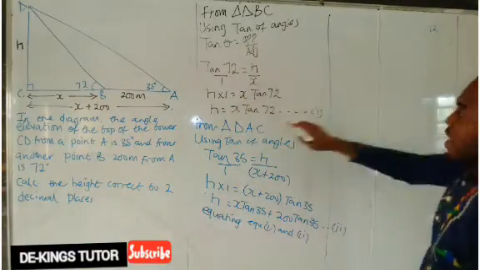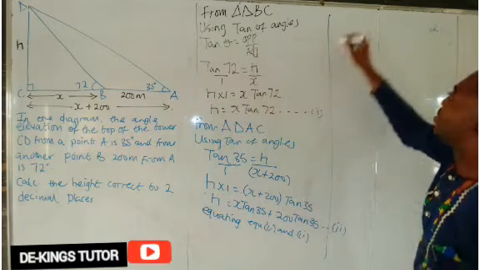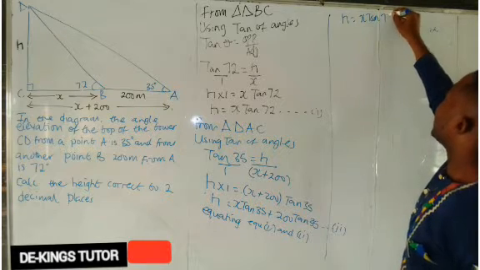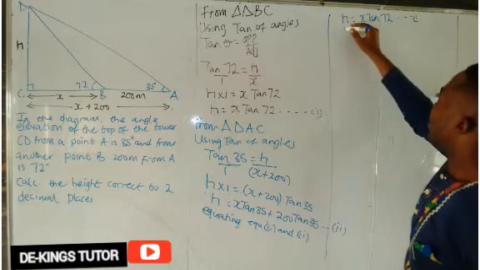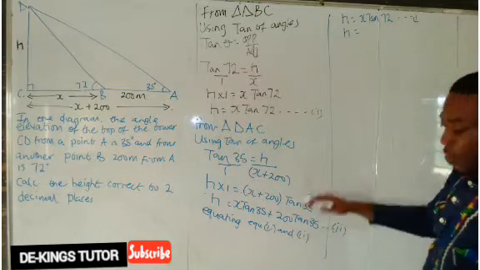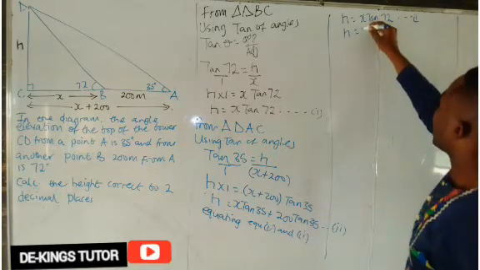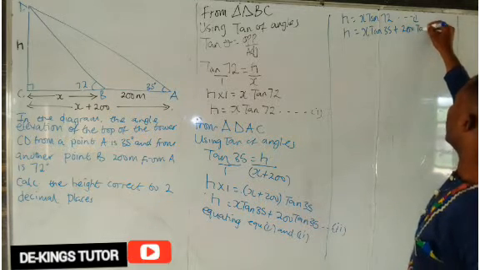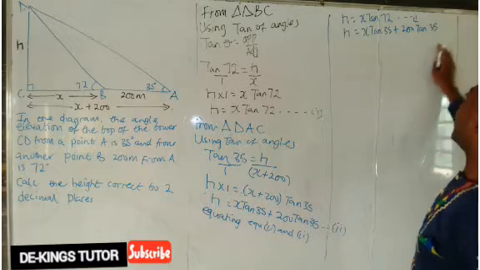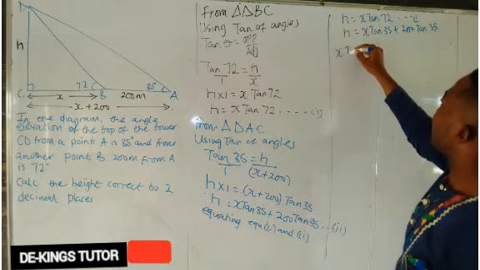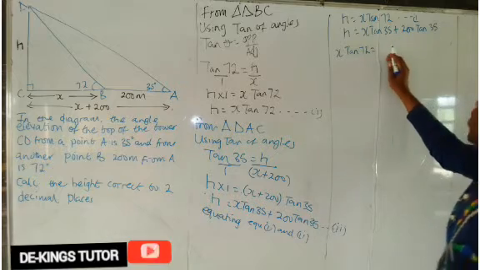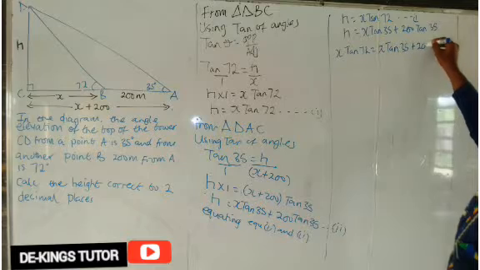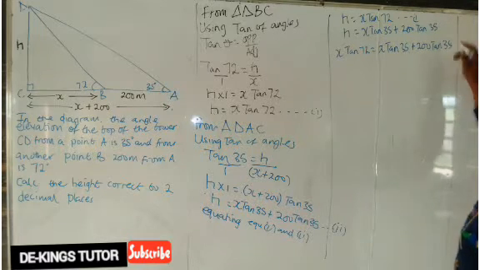So equating, our first equation is h equal x tan 72, that's equation 1. Our second equation is h equal x tan 35 plus 200 tan 35. So when we equate them together, we'll have x tan 72 equal x tan 35 plus 200 tan 35.